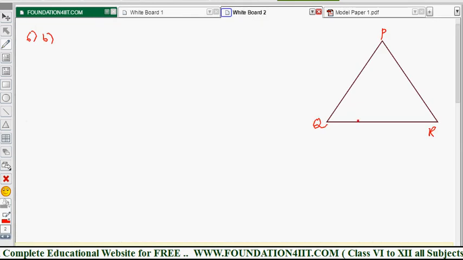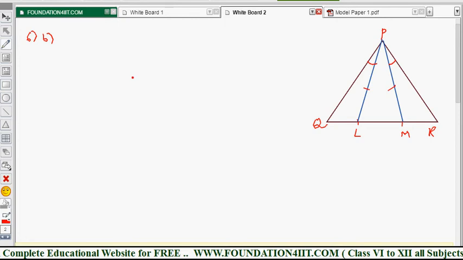That means you can take L and M. And according to the condition given, PL, so P to L, whatever distance, is equal to P to M. These two are the same. These two are equal, it is given, and the angles are also given the same. That means angle QPL and angle MPR are both equal.